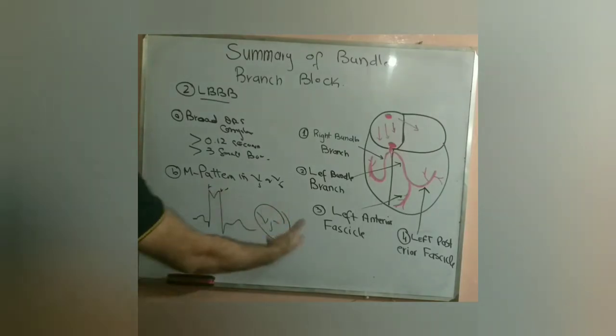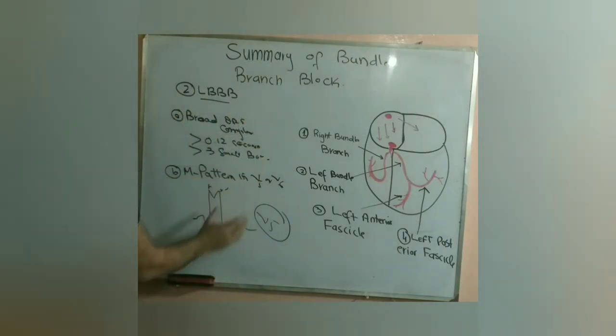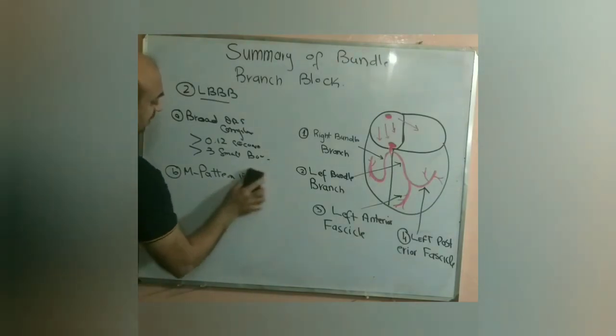Again, there can be a scenario where you find the broadening of the QRS complex, but you do not find a typical M pattern in lead V5 or V6. Then again, you should look at V1.